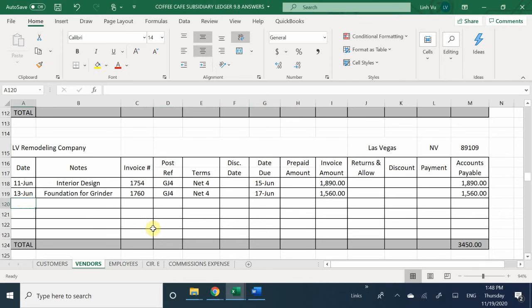Find LB Remodeling. And I'm going to put in a date. Are we going to put in the check number?